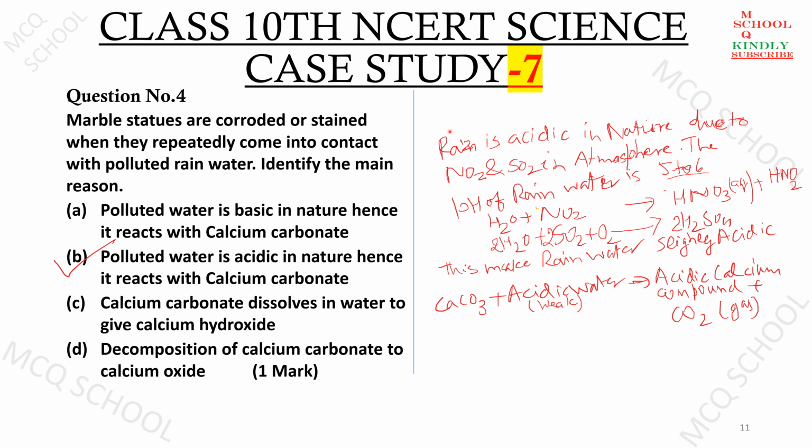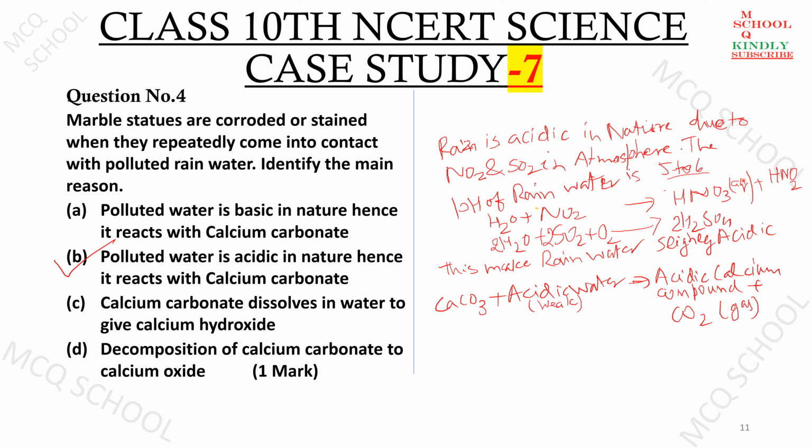We must know that rainwater is acidic in nature due to the presence of nitrogen oxide and sulfur dioxide in the atmosphere. The pH of the rainwater is around 5 to 6. Water with nitrogen oxide forms nitric acid, and water with sulfur dioxide and oxygen forms sulfuric acid.